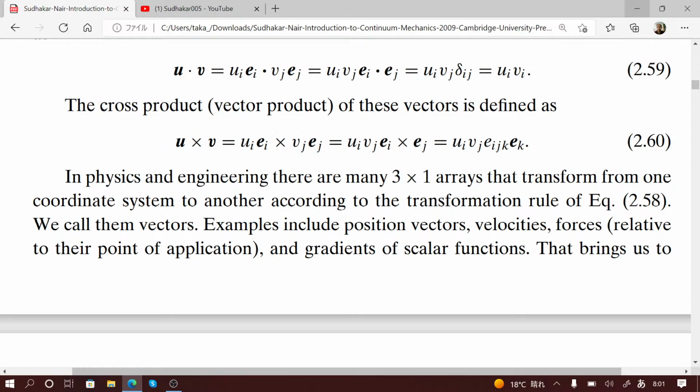That bring us scalars. What brings us scalars?